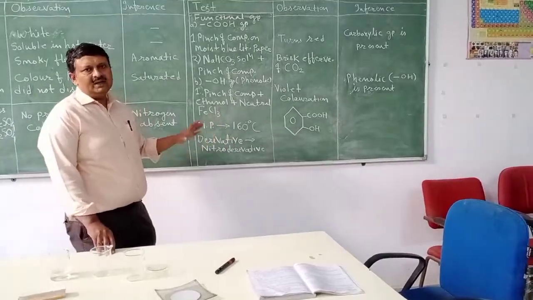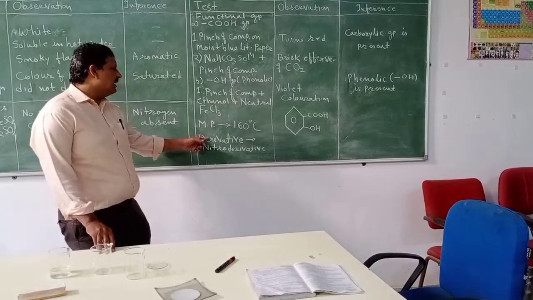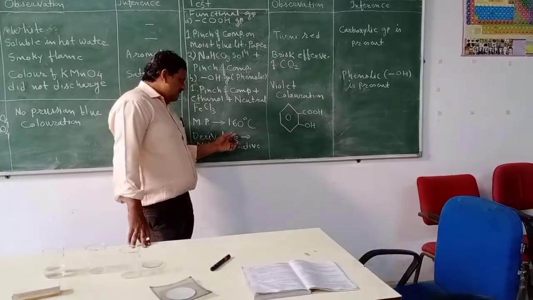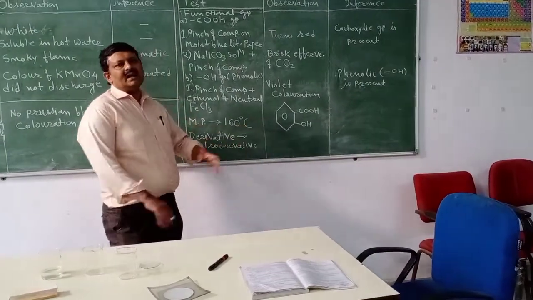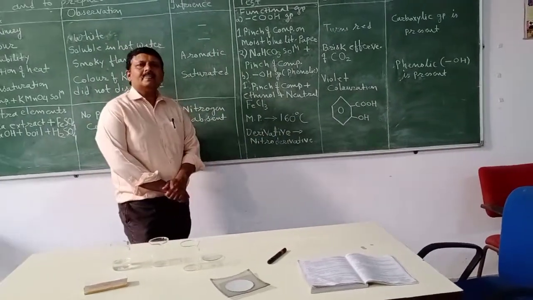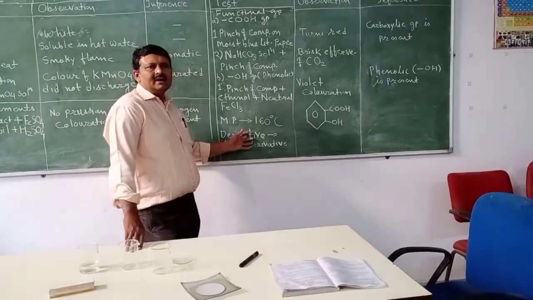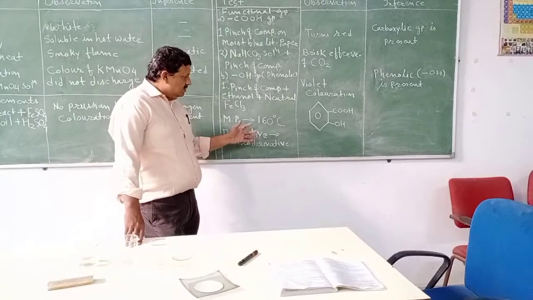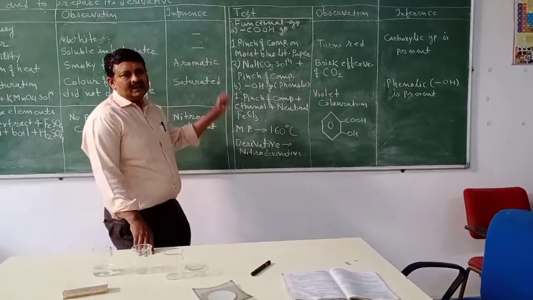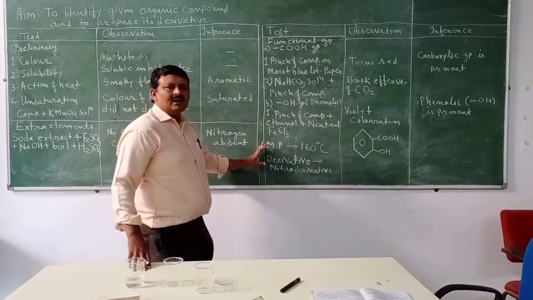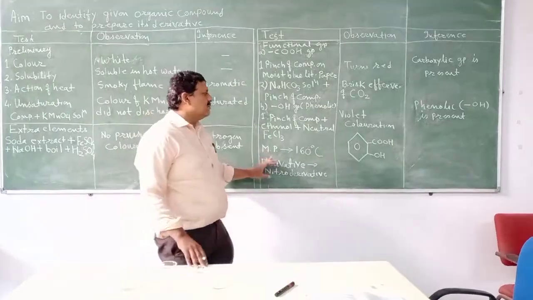That yellow precipitate is nothing but the nitro derivative of the given organic compound, which is salicylic acid. After that, we have to take the melting point of this nitro derivative, and all these experiments show that the given organic compound is nothing but salicylic acid.